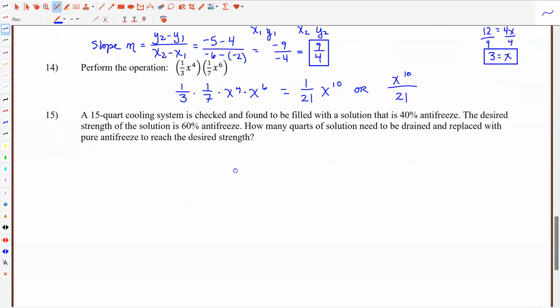I like to set these ones up in a table to keep track of everything that I'm putting together. So the two things that I'm starting with, I'm just going to call mix 1 and then mix 2. And then what I'm hoping to achieve, I will just call my desired mix. So this is going to go on the leftmost column of a table.